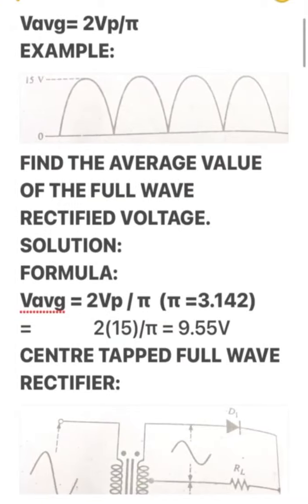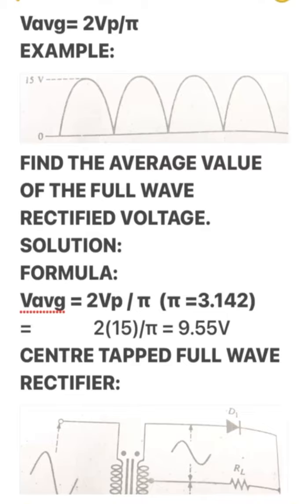V average equal to 2 times peak voltage upon pi. Example: find the average value of the full-wave rectified voltage. Solution. Formula: V average equal to 2 times peak voltage upon pi, and pi equal to 3.142.